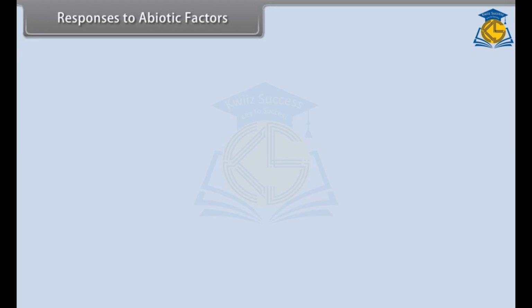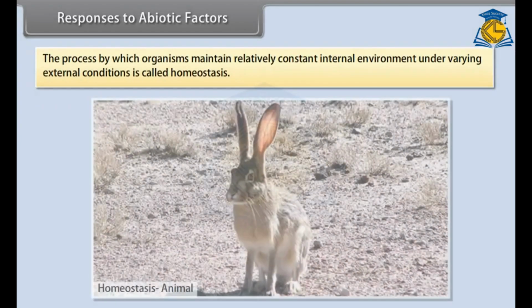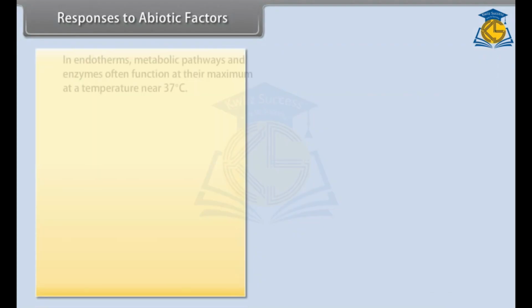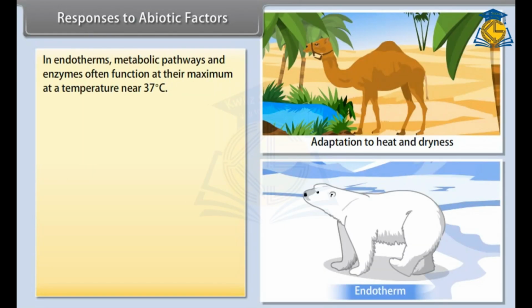Responses to abiotic factors. The process by which organisms maintain a relatively constant internal environment under varying external conditions is called homeostasis. In endotherms, metabolic pathways and enzymes often function at their maximum at a temperature near 37 degrees Celsius.